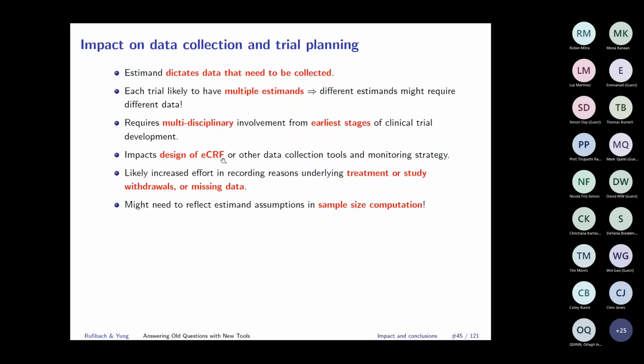It impacts the design of the eCRF or other data collection tools, and of course also the monitoring strategy. Depending on the strategies you use for intercurrent events, it might need increased effort in recording reasons for why patients leave a trial, why patients stop a treatment. You might need to reflect the estimate assumptions in sample size computation.